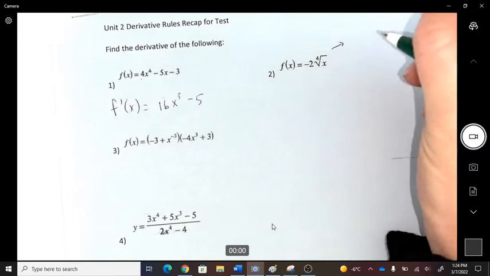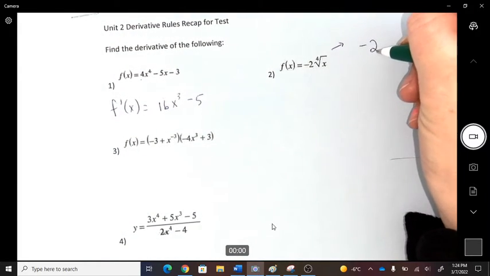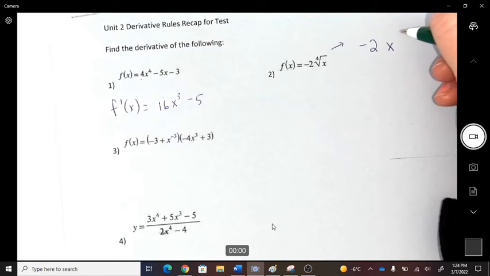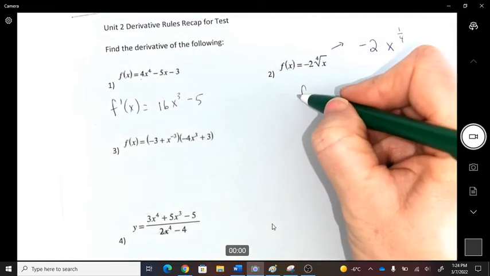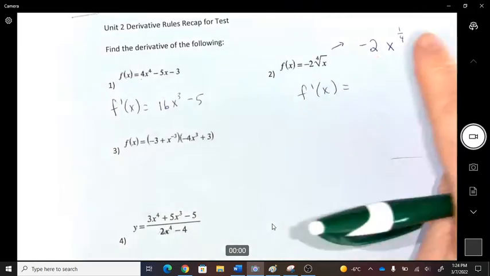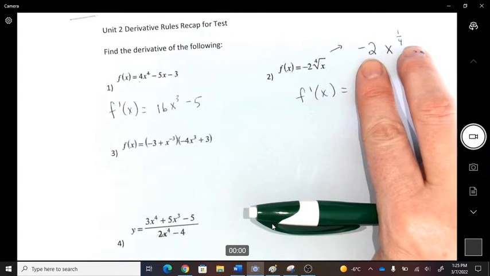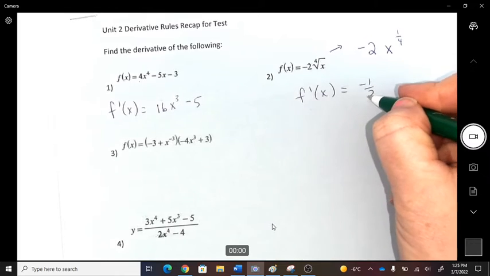Okay, number 2, I'm going to rewrite this before I start. So -2x to the, what do you want to put up here? 1/4, 1/4. Okay, so now times, Ethan, what's your mental math on this guy? -1/2.